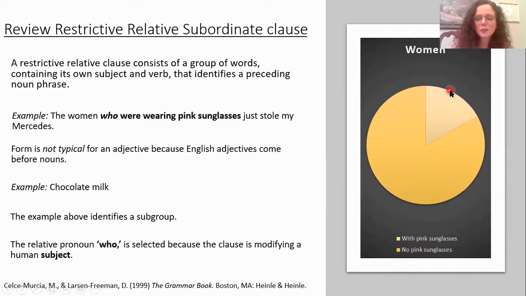So out of the group of women, there is a portion of women who are wearing sunglasses. That's this portion in the pink. The relative pronoun who is selected because the clause is modifying a human subject, women.